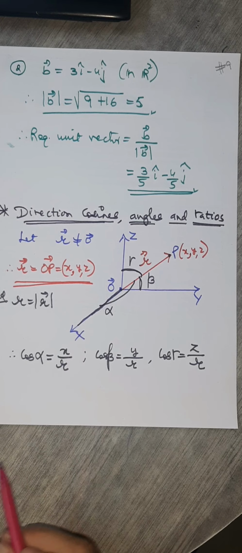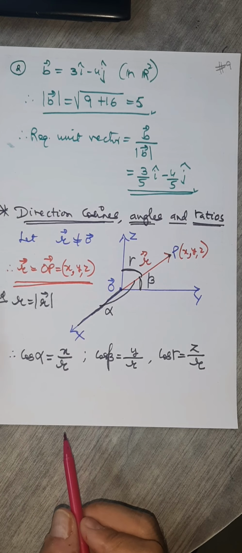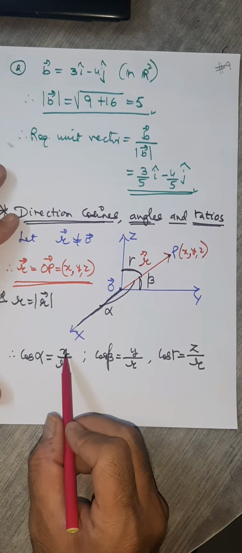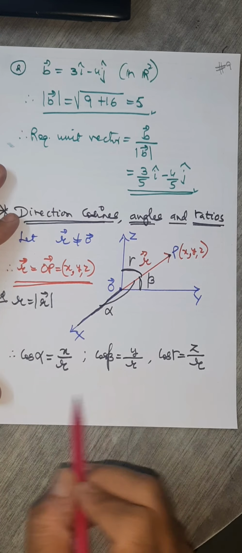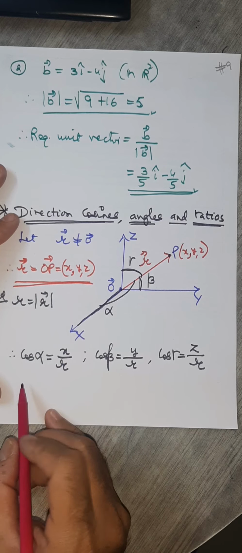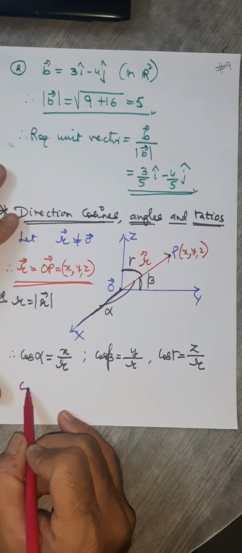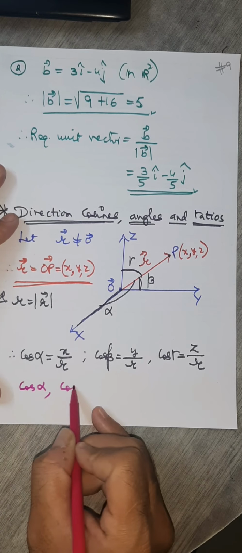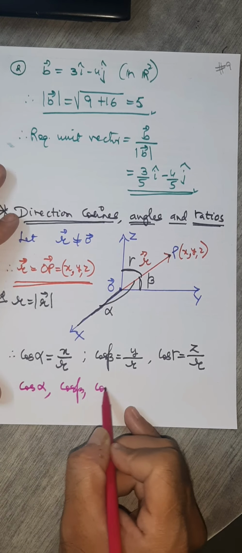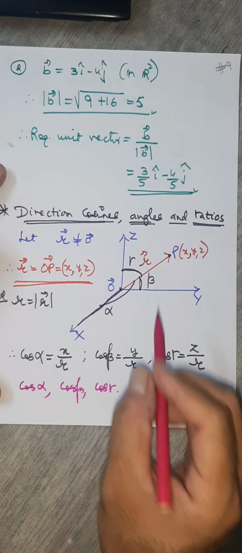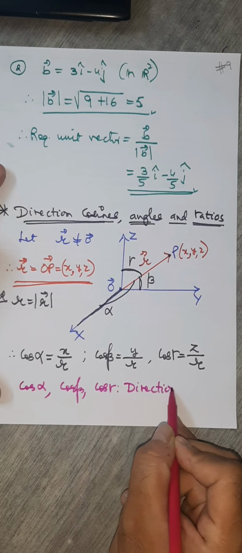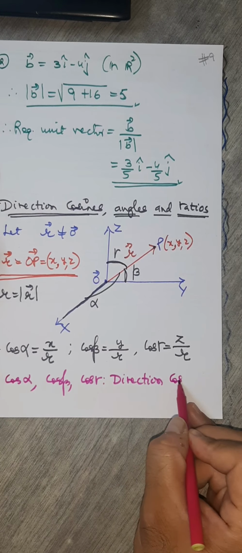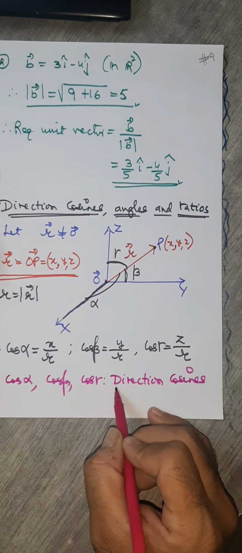If you observe this, x, y, z upon its magnitude, these are nothing but the components of the unit vector. So cos alpha, cos beta and cosine gamma are called, the word itself says, direction cosines, remember.